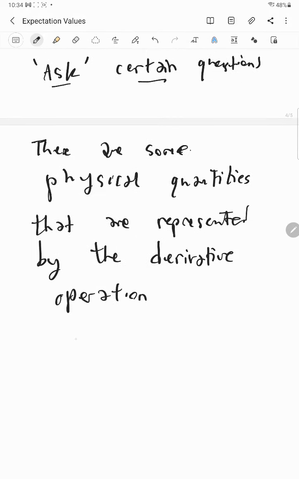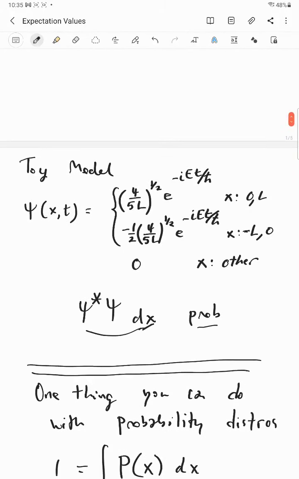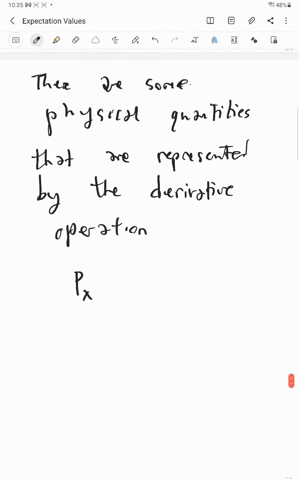If you want to know the average value of the momentum in the x direction, in this toy model I have a wave function that only tells me about x direction stuff. Supposedly this is a physical model of a little particle, and that particle has motion, so this system should have momentum. And this system's momentum is represented by what's referred to as an operator. It's minus i h bar d by dx.